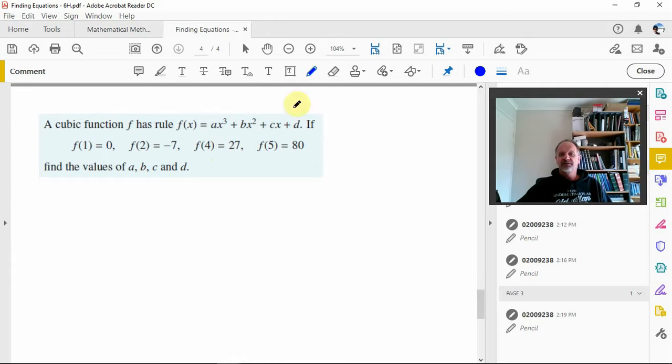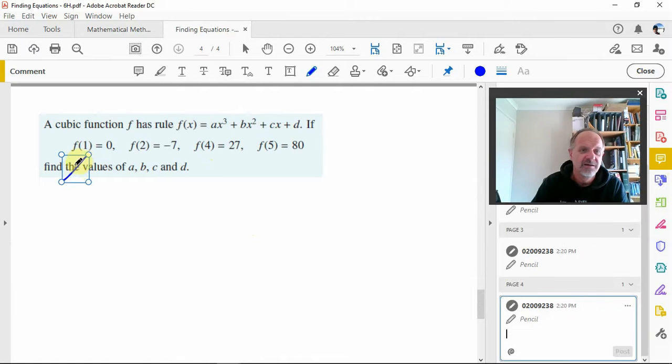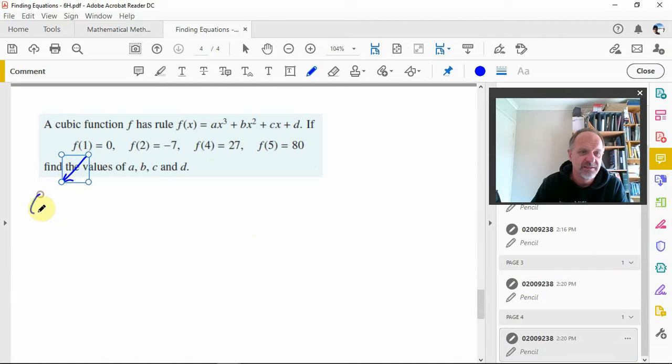So we've got the general form ax cubed plus bx squared plus cx plus d. And then we're given some points. But we're given this in function form, right? So this first one here, what that means is that when x is 1, it goes through 0. So that's our f of 1 equals 0.